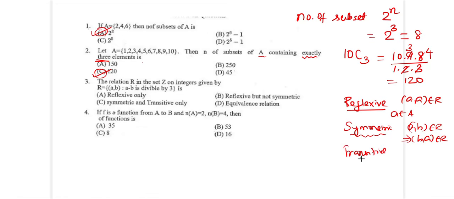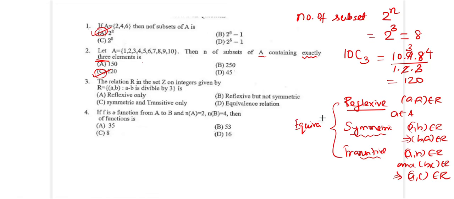Transitive means A comma B belongs to the relation and B comma C also belongs to the relation, then both of them together imply A comma C belongs to the relation. If a relation is reflexive, symmetric and transitive, then it is referred to as an equivalence relation. So we will have to check what is true over here.